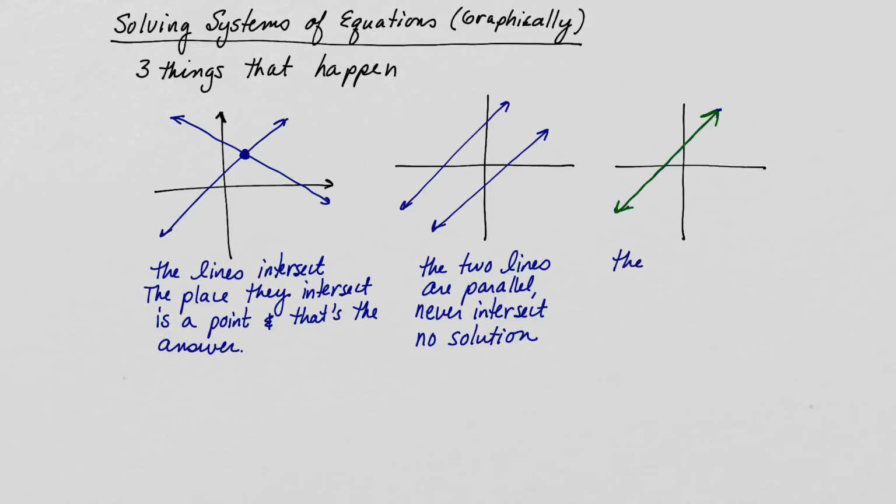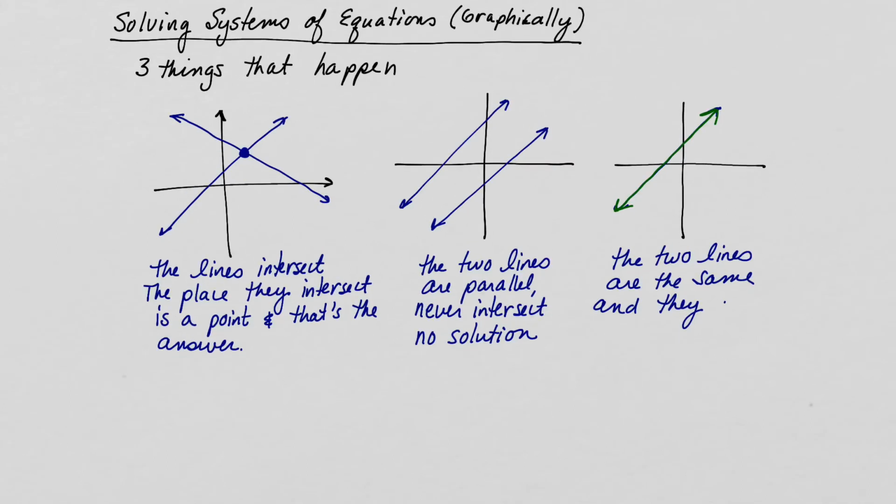So the 2 lines are the same, and they go on top of each other. And this is when we say there are all real solutions.